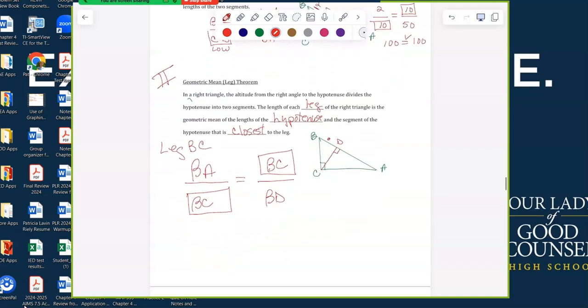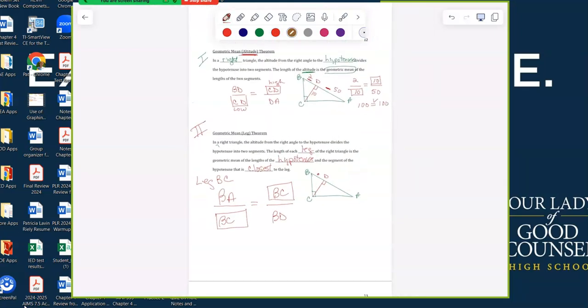That's for leg BC. What happens with leg CA? Well, if I'm going to do leg CA, guess what I'm going to do? Fraction equal to fraction. Where does leg CA go? Low, high, right? Because it's acting as a geometric mean. That's where the boxes go.